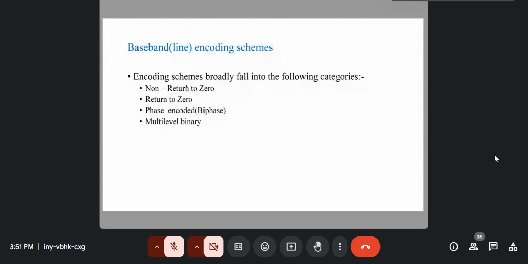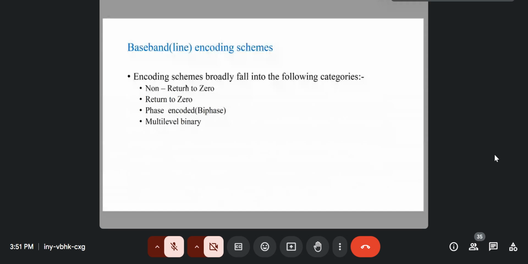Actually, that's a group of non-return to zero we are going to look at. Then there is return to zero, and there is phase encoded. That will include Manchester and differential Manchester. And then there will be multi-level binary.